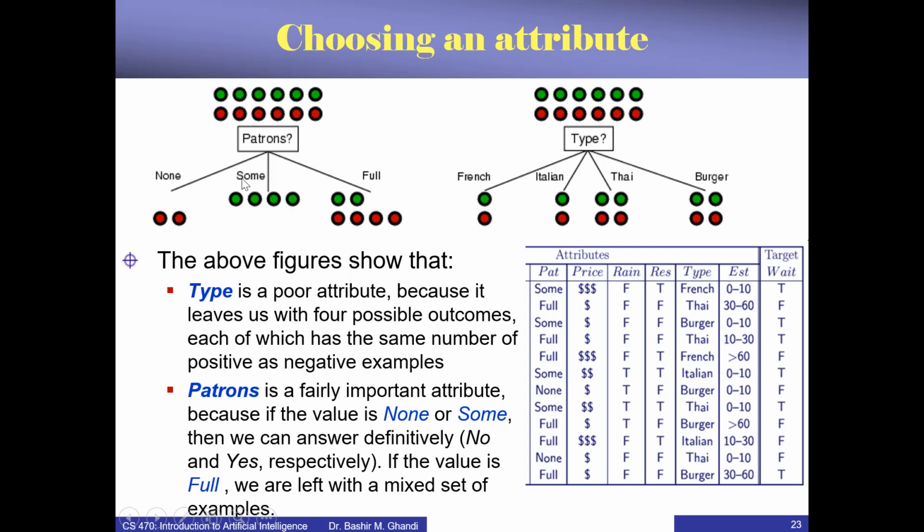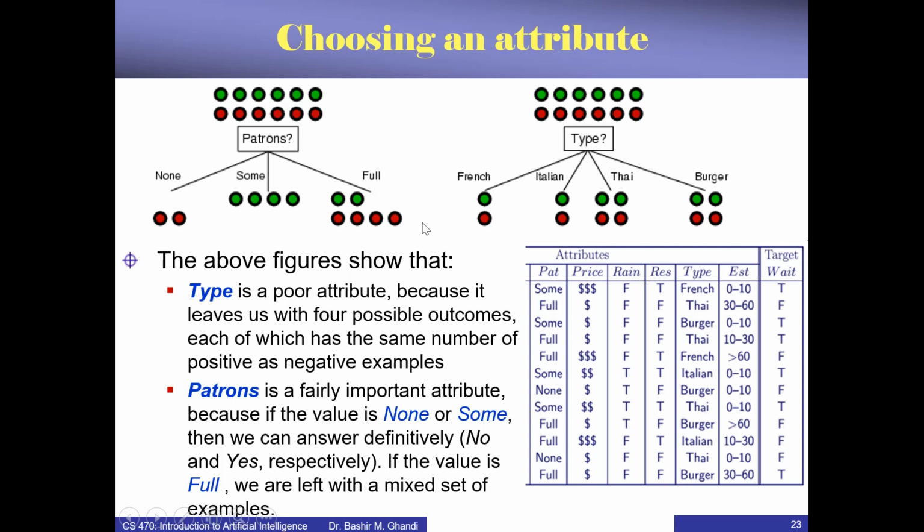That allows us to create subtrees. And if the attribute we have chosen is good, we will see that it will actually eliminate some of the examples, as we have seen in the case of patrons here. Out of the 12 examples, we are left with only 6 to deal with. So we're going to choose another important attribute to do the splitting and so on.